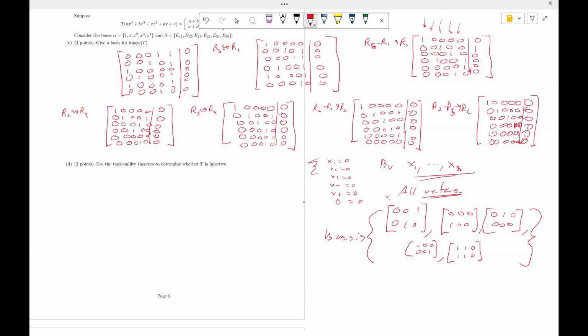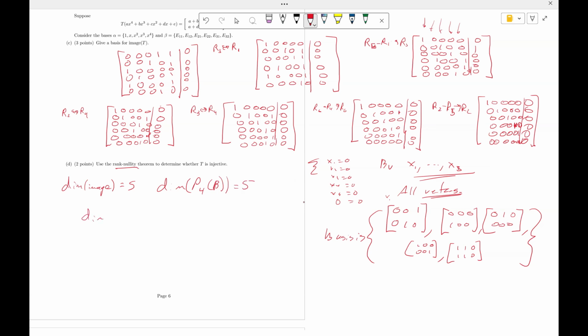Now, once I have a basis, I can use rank nullity. The basis tells me the dimension of the image. The dimension of the image equals 5. The dimension of polynomials of degree at most 4 over the real numbers equals 5.